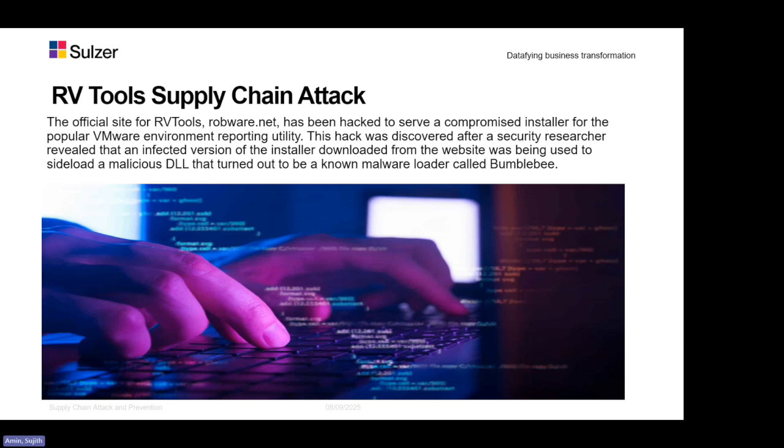This hack was discovered after security researchers revealed an infected version of the installer downloaded from the website, and the malware loader was called Bumblebee malware.